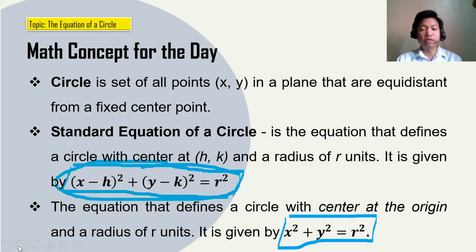So if you're going to let h and k equal to 0, kasi nga origin siya, matitira na lang dyan is yung x and y. Kaya mas maiksi yung ating equation if the center is at the origin. Okay? So, sana naintindihan nyo yung difference between the two equations. But still, they are talking about the standard equation of a circle. Okay?